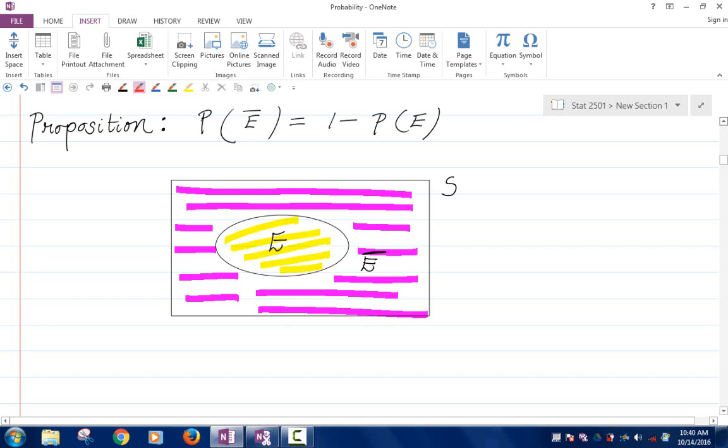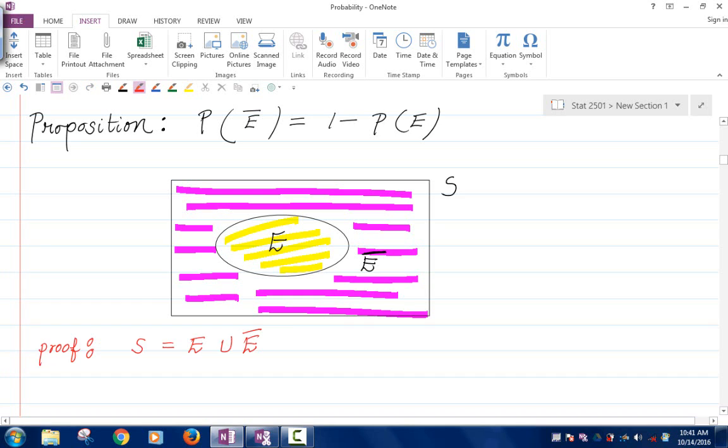Very good. Just for the sake of others, I think what you're saying is the following. First of all, you are saying that the sample space S, let me write the proof right here, is E union E complement.